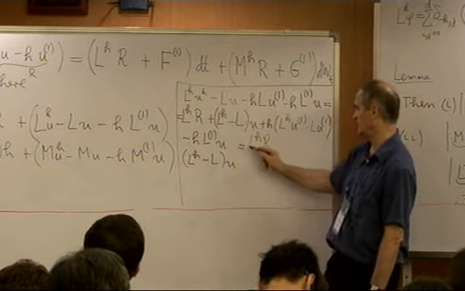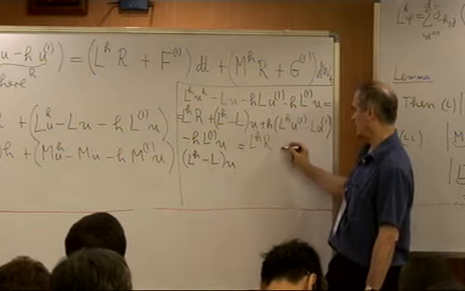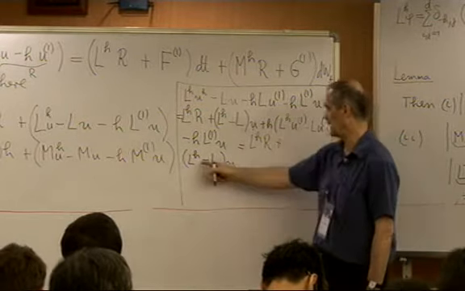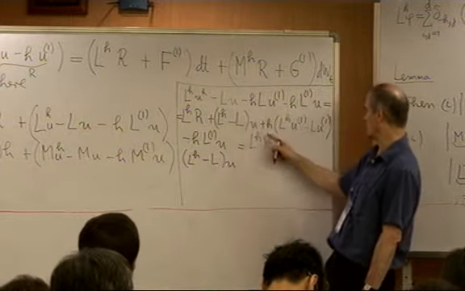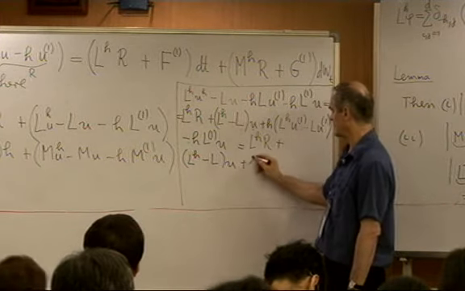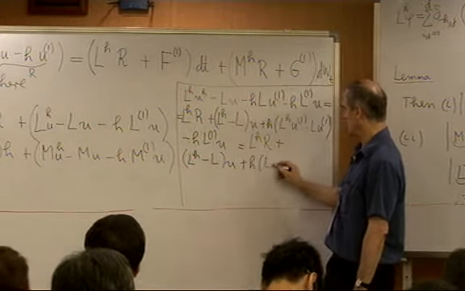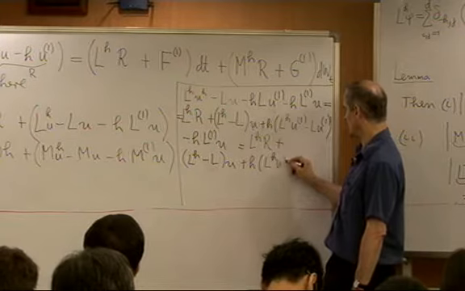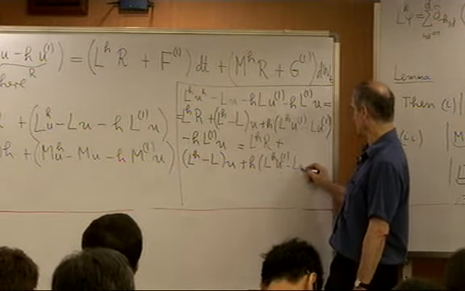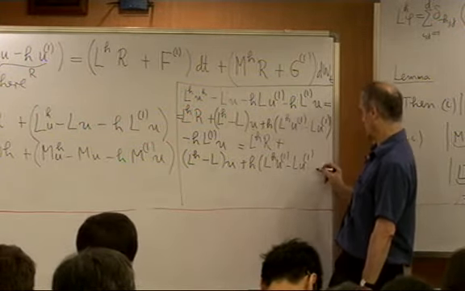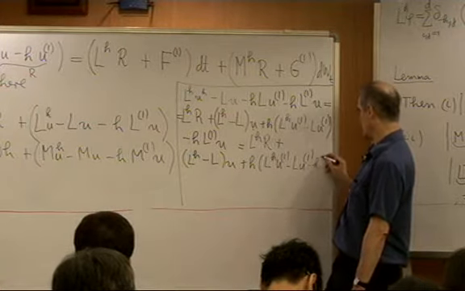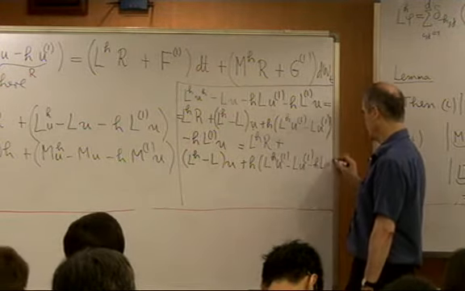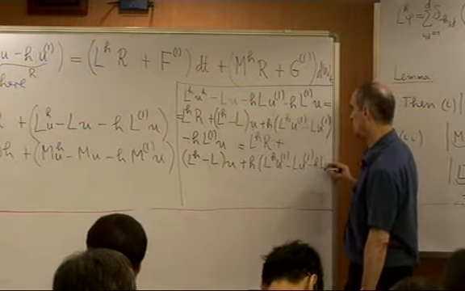So what we got, this equals that one plus the LH minus LU plus H times the LHU1 minus LU1 minus HLU1.